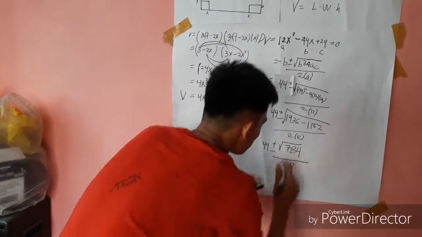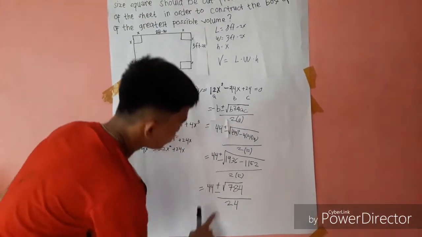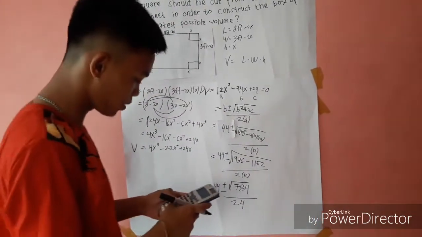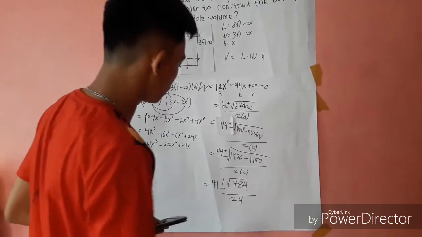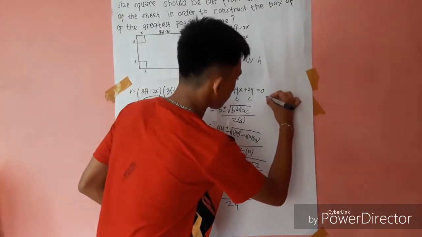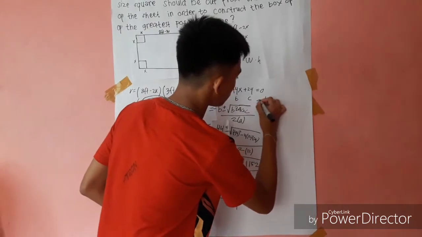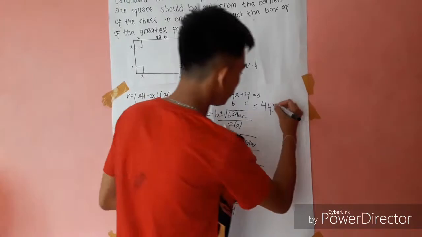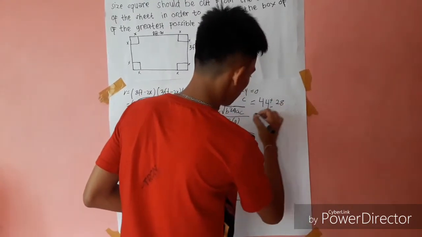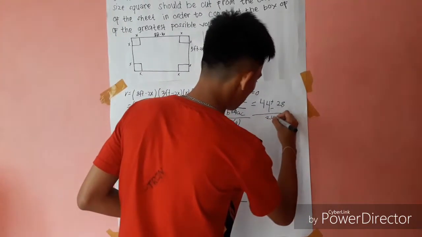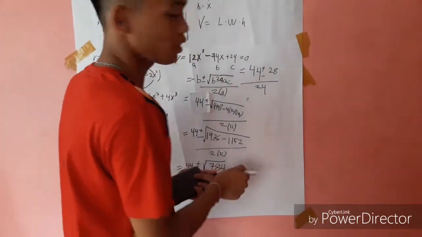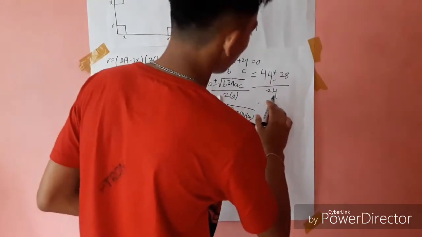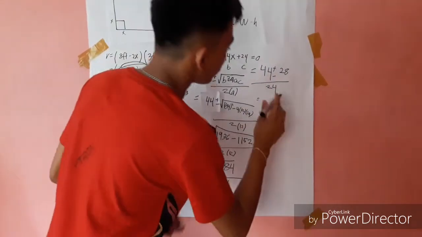So here we're gonna find the square root of 784. The square root of 784 here is 28. So copy the 44 and plus minus 28 all over 24. Here, we cannot add and subtract at a time, so we're gonna add and subtract one by one.